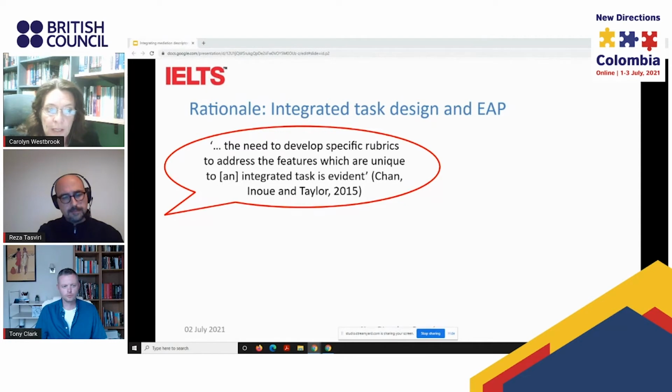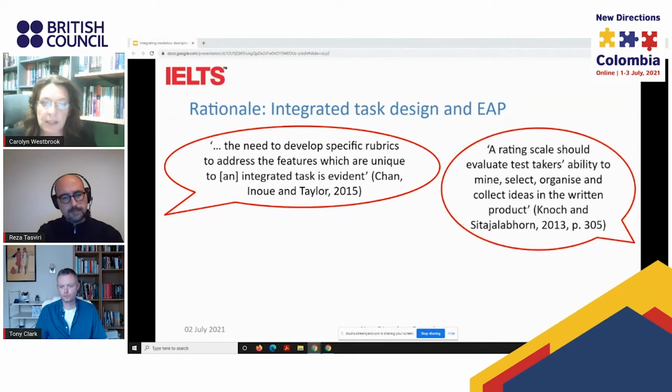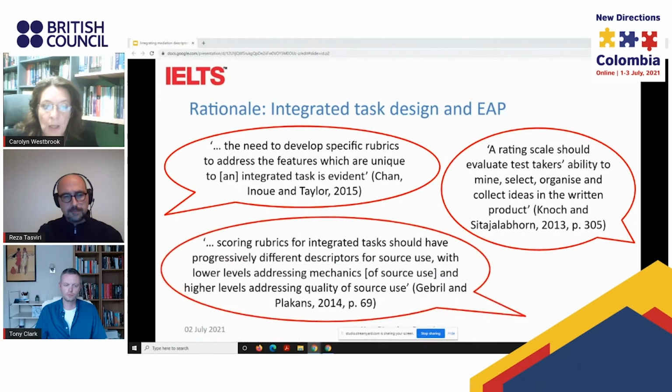So for the integrated task, Knoch and Sitajalabhorn, again 2013, advocate including descriptors which measure test takers' ability to mine, select, organize and collect ideas in the written product, because they argue that these processes are necessary when accounting for skill integration. Gabriel and Placans 2014 also highlight the fact that scoring rubrics for integrated tasks should have progressively different descriptors.